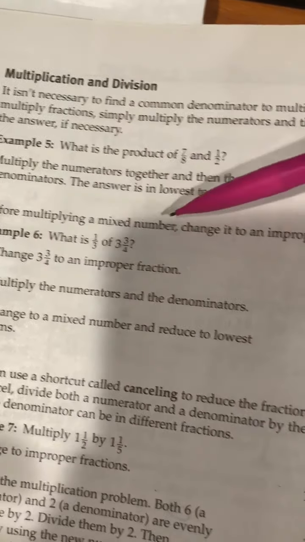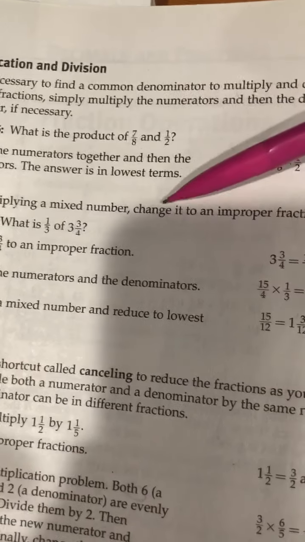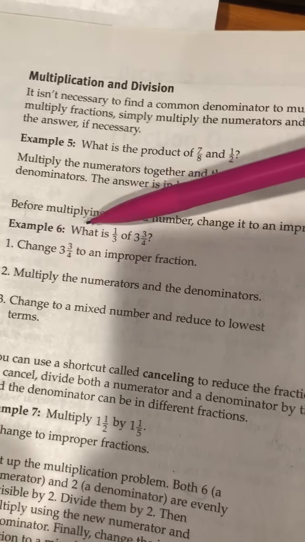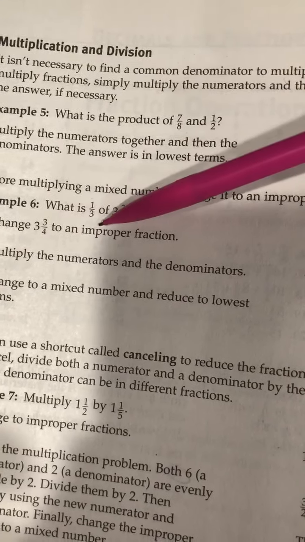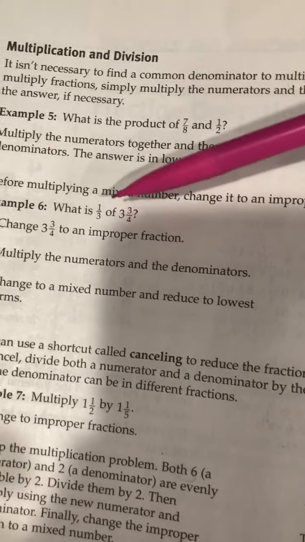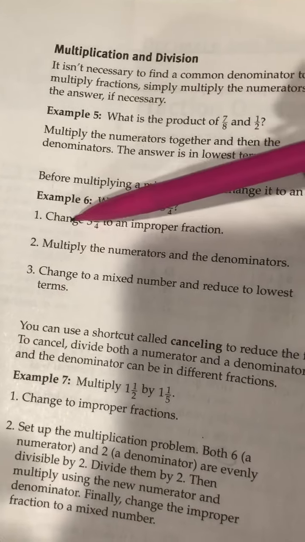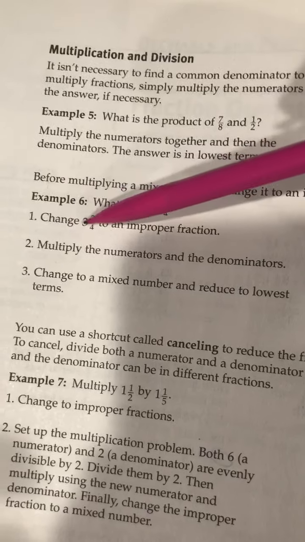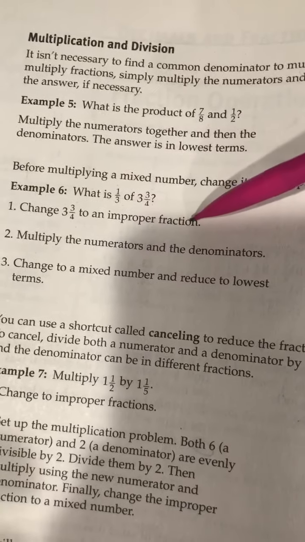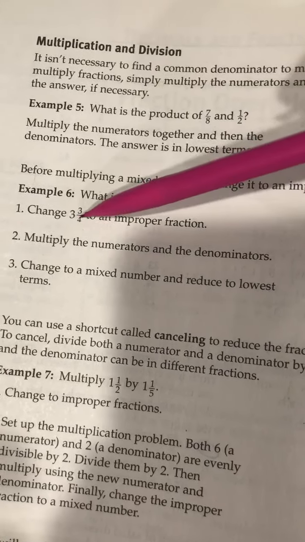Before multiplying a mixed number, change it to an improper fraction. So if you were asked, what is 1/3 of 3 3/4? The first step is change 3 3/4 to an improper fraction. So that's a mixed number.